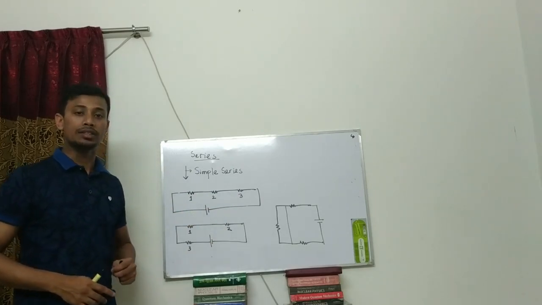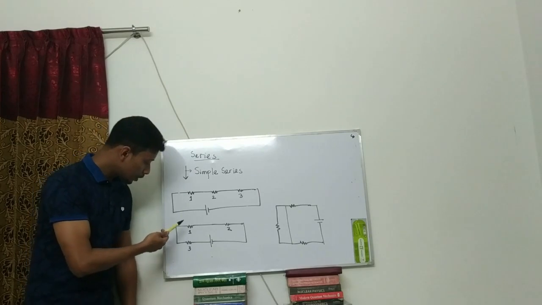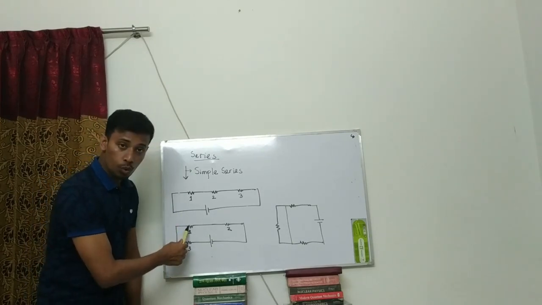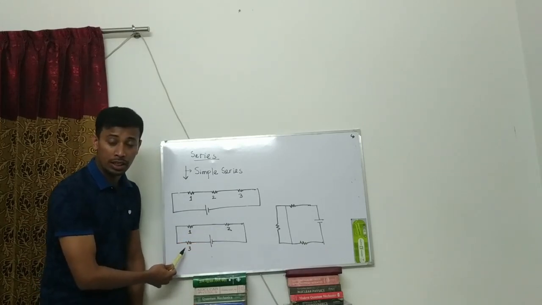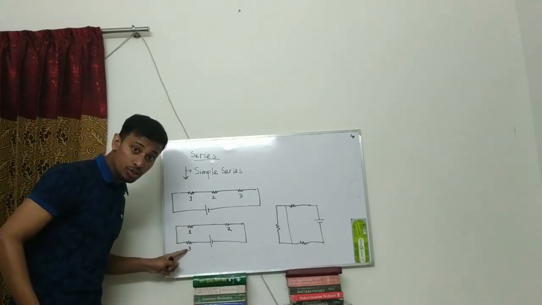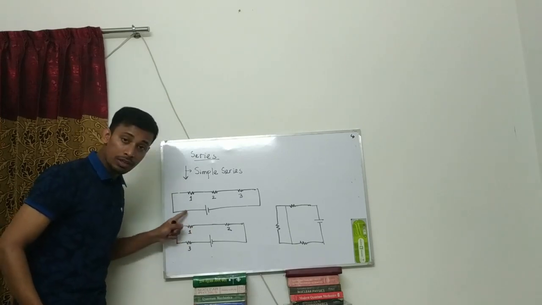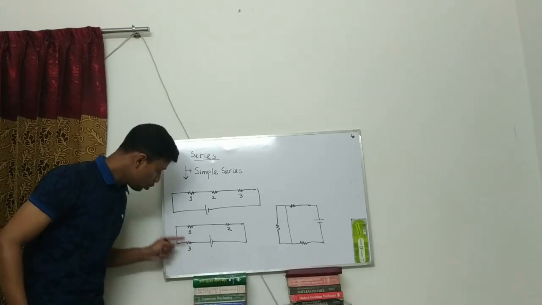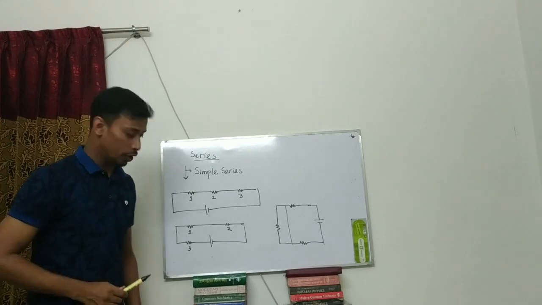They are in series. This is another circuit which is also a simple series circuit. Now you can see there are also three resistors, 1, 2, and here another one, 3. Some of you can say that as resistance 1 is at the top and resistance 3 at the bottom of the line, these two may be parallel. But please see carefully.